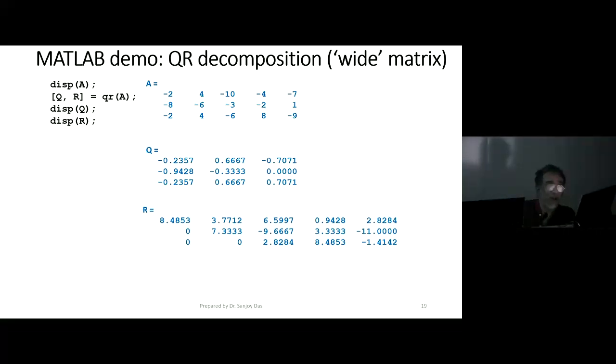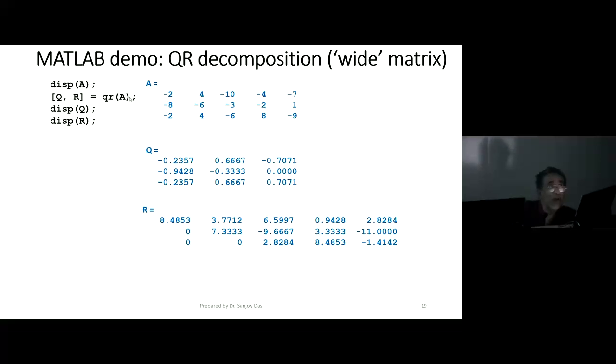Mind you, this is not the same as what we looked at in overdetermined systems. This is a wide matrix. You don't have 0 rows. In fact, you have some numbers here. Q is a 3 by 3 matrix, and this is a 3 by 5 matrix. So QR is the same dimension as this.